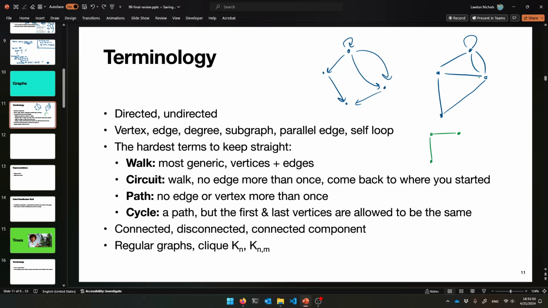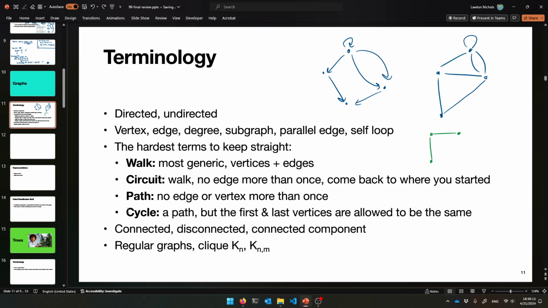So I can't follow, let's see, I can't reuse that because I'm coming back to where I started. I can't go back to here. That's not a path. Okay. The path is you can't use multiple edges or vertices. So the maximum length of a path in this graph is 3 because you count the edges.